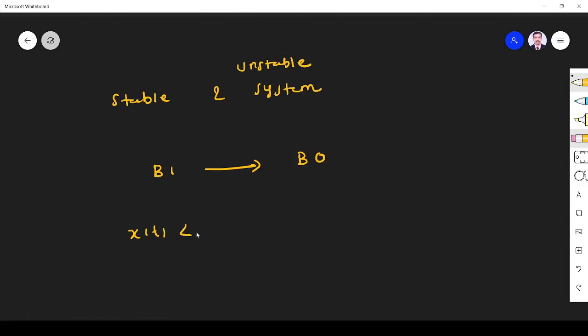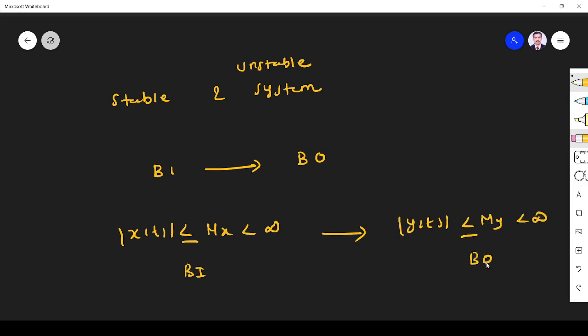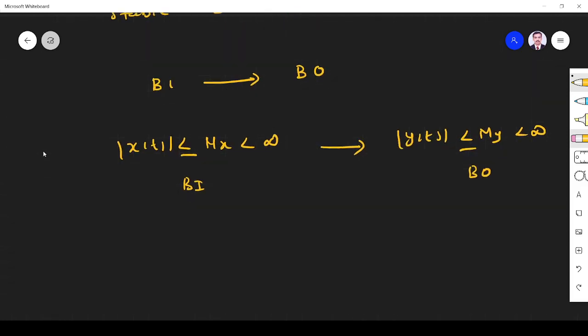The input is not infinity; it should have some finite value. That is called bounded input. If it produces an output that is also some finite value, not infinity, that is bounded output. If bounded input produces bounded output, then the system is a BIBO stable system.